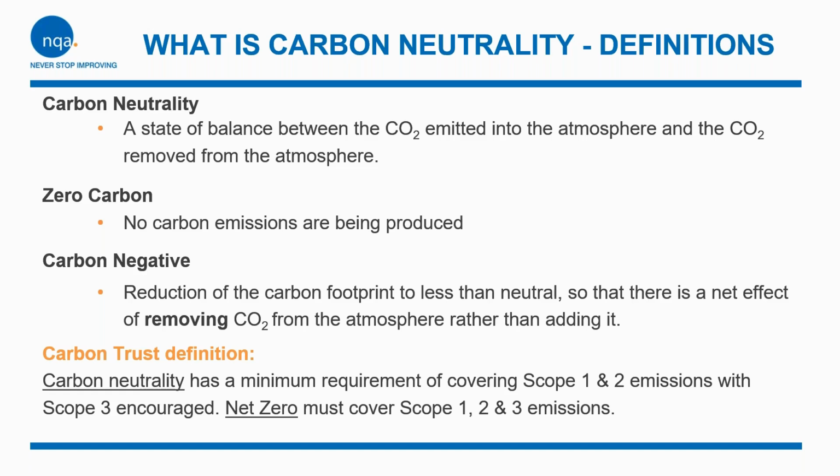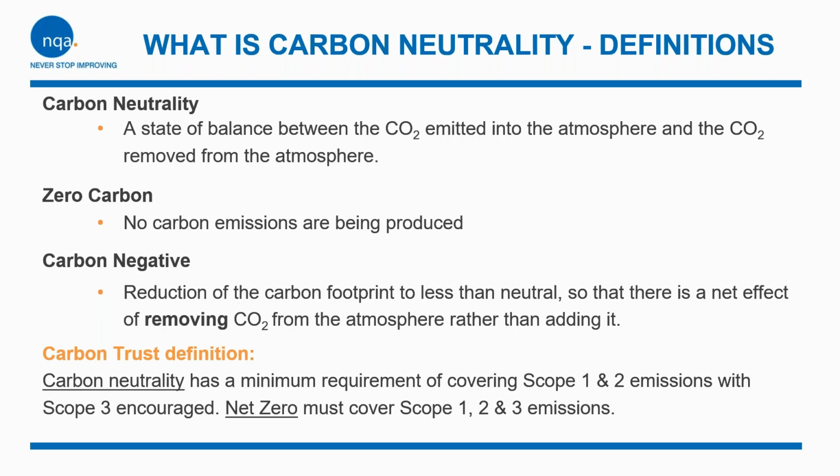At zero carbon, note that that's not net zero, that's zero carbon, I believe is an impossibility. That is that no carbon emissions are being produced at all. We talk about net zero, and there is another alternative, which is absolute zero. And again, that to me is unachievable. So zero carbon is no carbon emissions produced, and some people talk about being carbon negative.